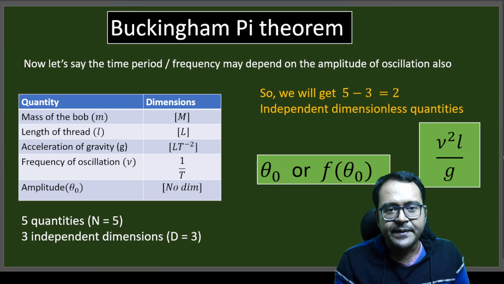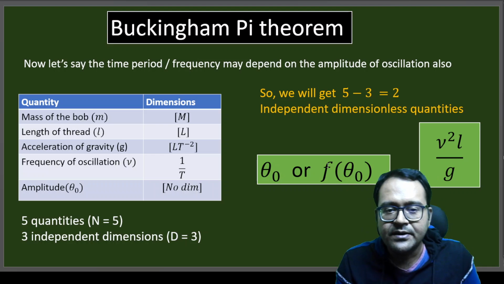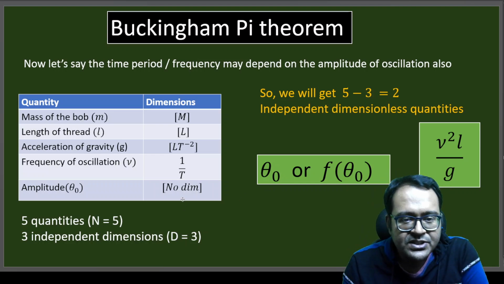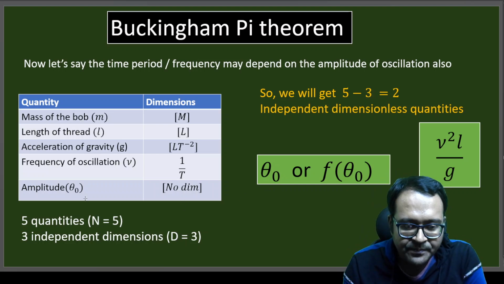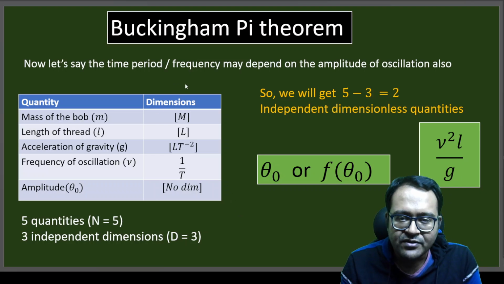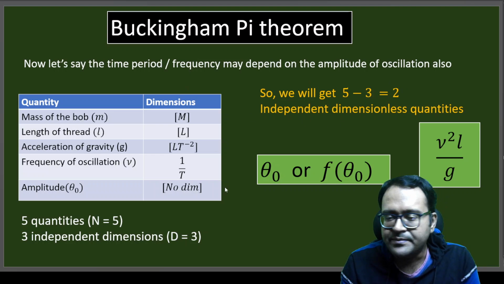Okay, let's say in the pendulum once again, we add one more quantity, which is, say, amplitude of oscillation. So what is the maximum theta your pendulum can have? This amplitude does not have any dimension. Theta is dimensionless. Now let's say the frequency may depend on the amplitude of oscillation also. So here we have 5 quantities and we have 3 independent dimensions.